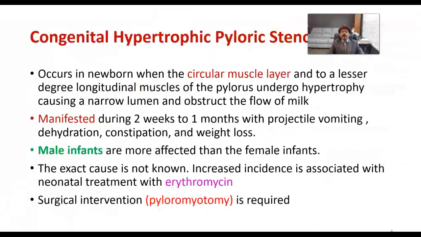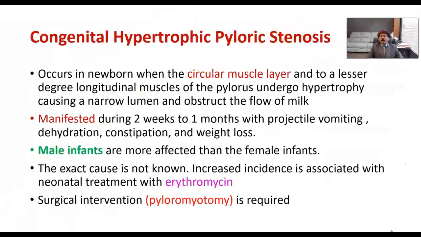Now we'll learn about congenital hypertrophic pyloric stenosis. This is a congenital birth defect that occurs in newborns when the circular muscle layer, and to a lesser extent the longitudinal muscles, of the pylorus undergo hypertrophy, causing a narrow lumen and obstructing the flow of milk or any other liquid meal, maybe a formula.